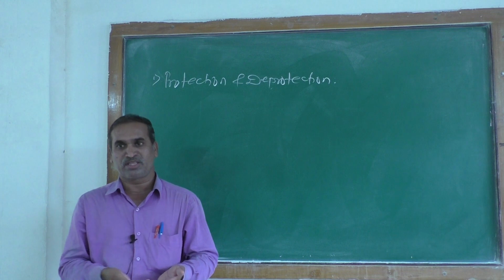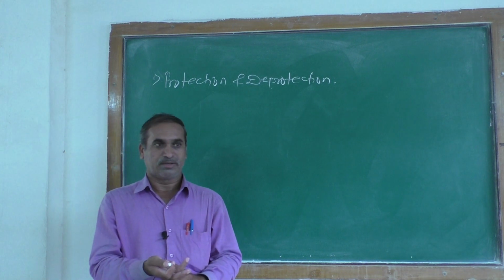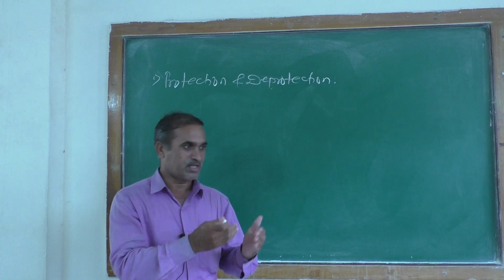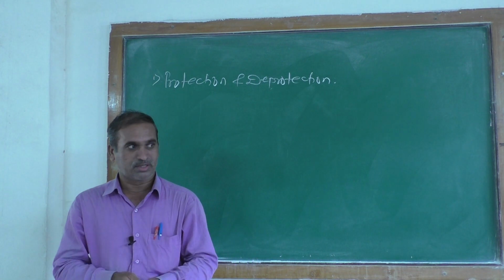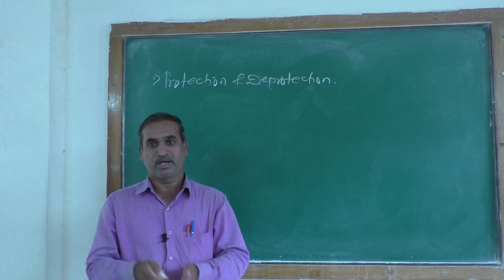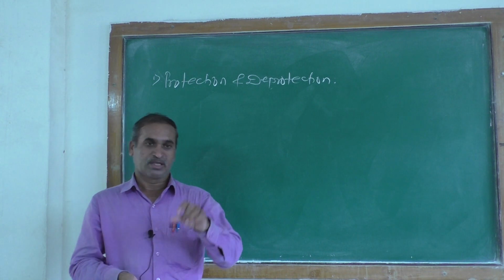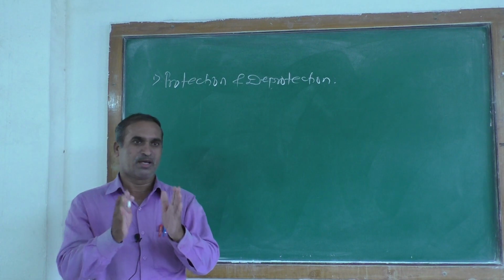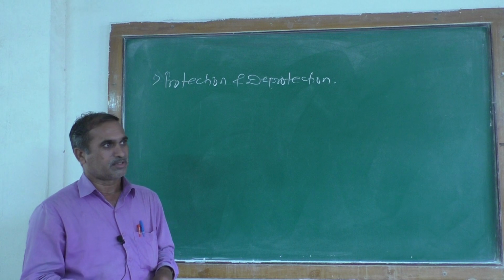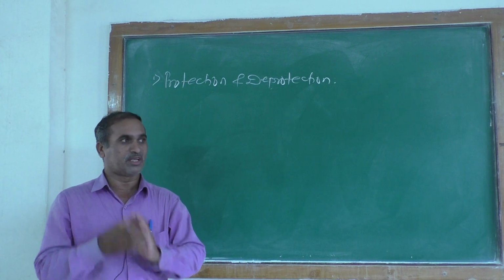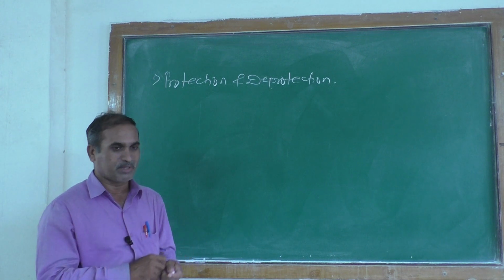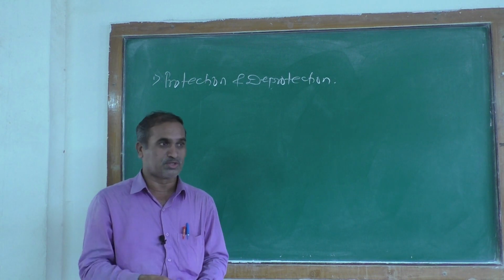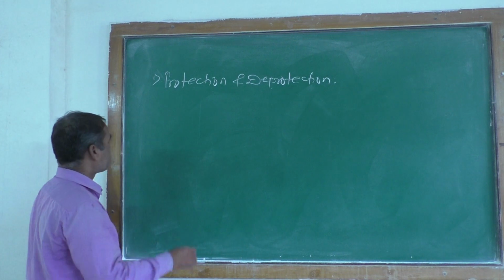Aldehyde also contains a carbonyl group, then acid, ester, carboxylic group, and then alcohol and amine groups. So many functional groups are present in organic compounds. According to our syllabus, the first functional group we are going to study is the hydroxyl group.